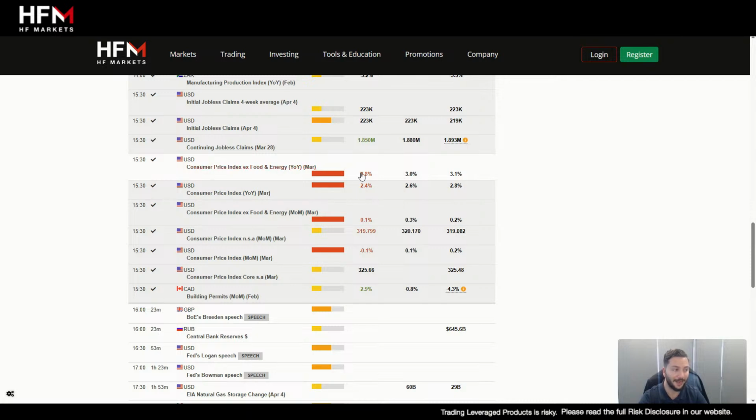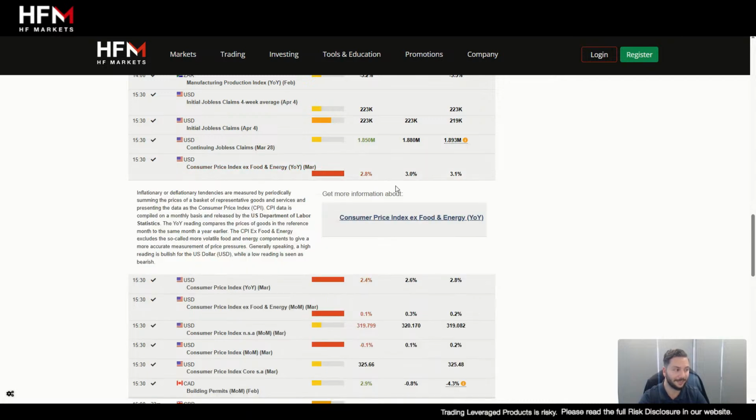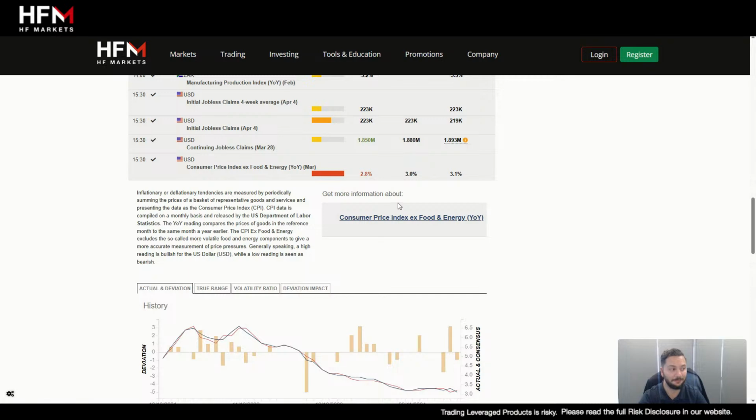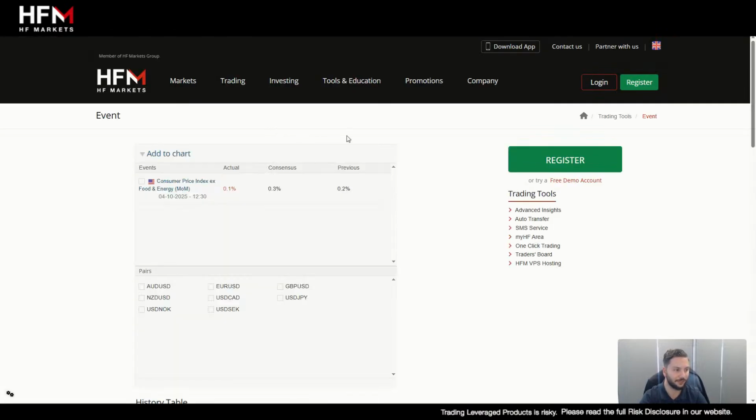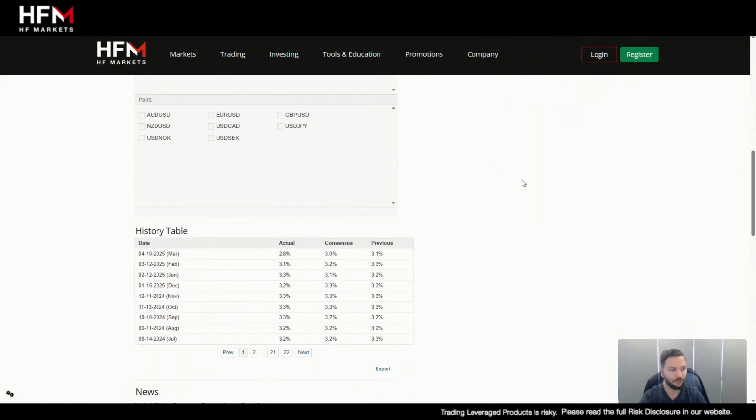The consumer price index, excluding volatile assets, came in at 2.8%. That's also very low. If we click here, ladies and gentlemen, you can also see the announcements over the past few months. And going back over the past few months, never, ever, you can see a figure here below 3%. Let's go to the previous page.